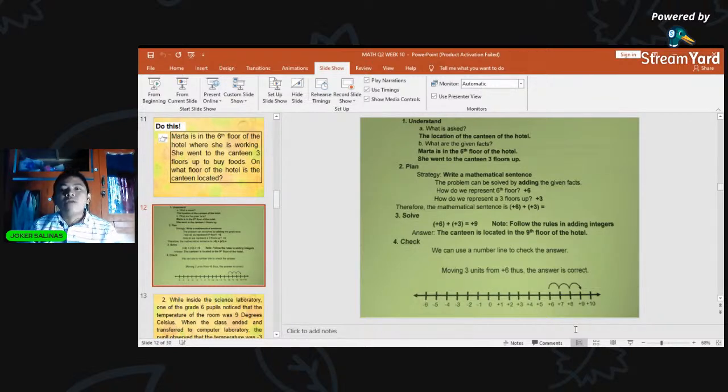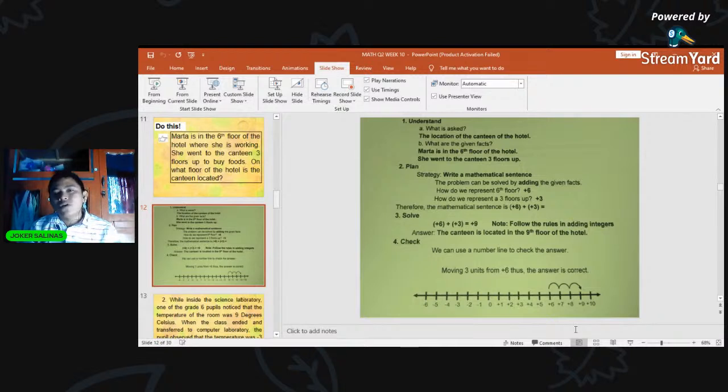Note, you need to follow the rules in adding integers. First, if they are both positive, add them. If they are both negative, add them, then copy the negative sign. If one is positive and one is negative, it depends. The answer will depend on the given numbers.